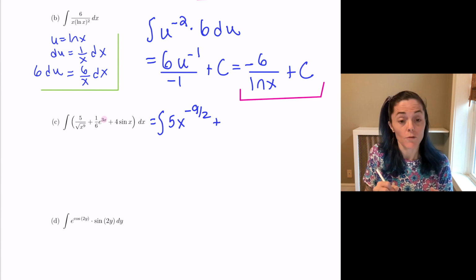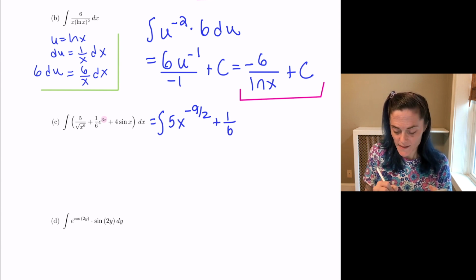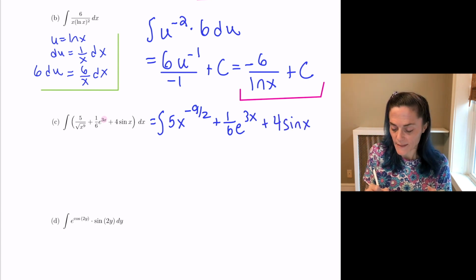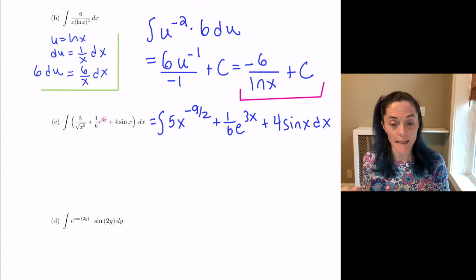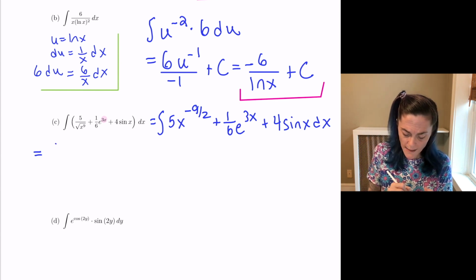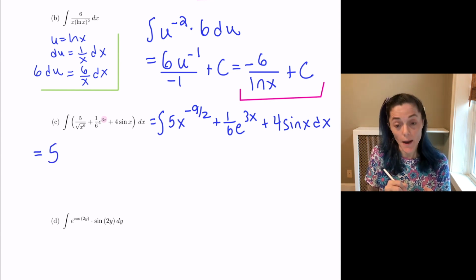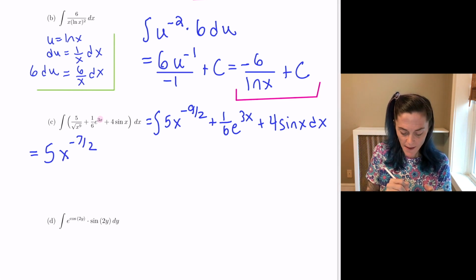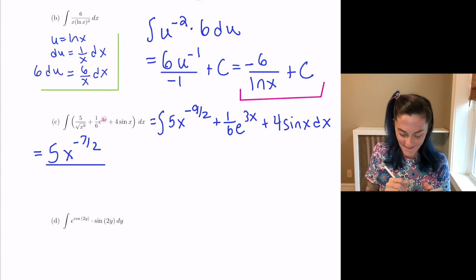And then everything else I'll recopy. 1 over 6, e to the 3x, plus 4 sine x dx. Now I can integrate. Okay, write down the 5. We add a power. So here this would be minus 7/2. Divide by the higher power. We put a plus.